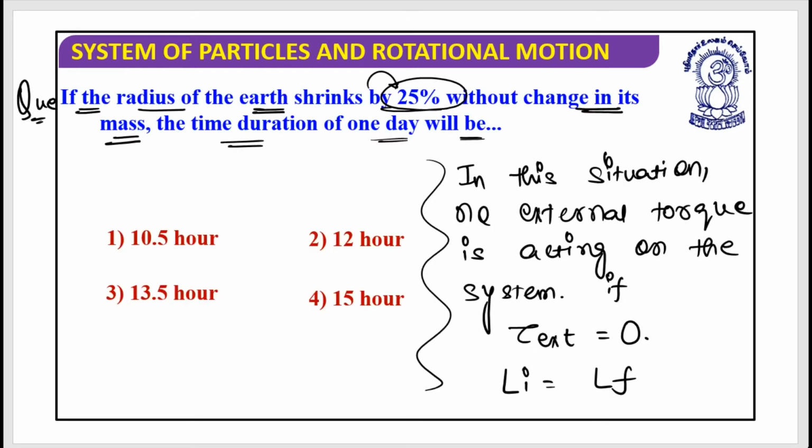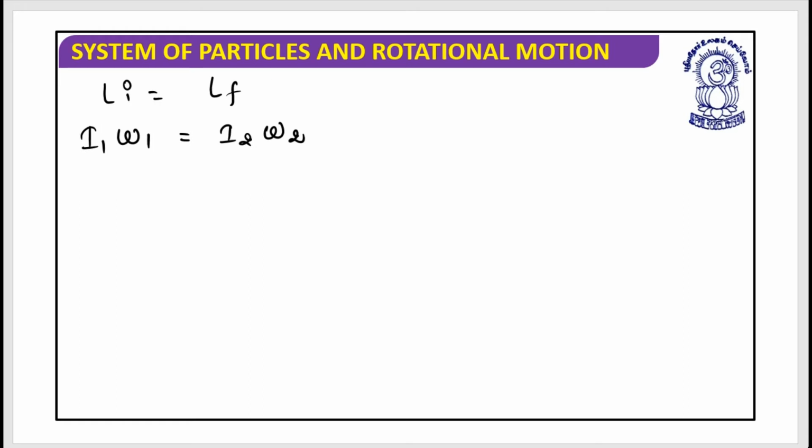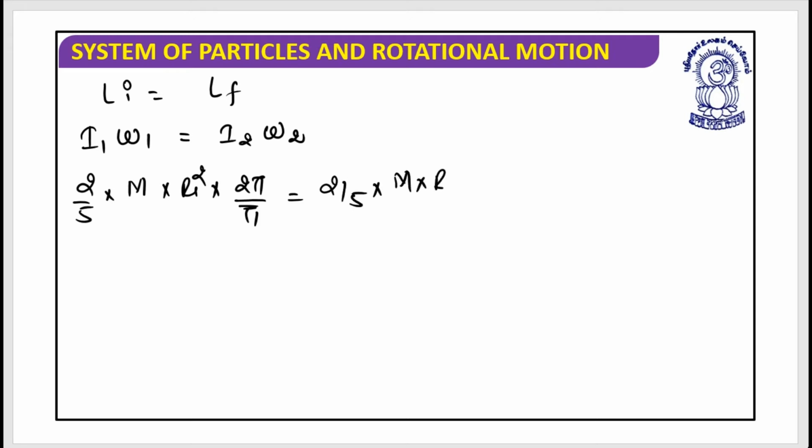They are talking about the earth, so I need to consider it as a sphere, that could be written as 2 by 5 m r1 square multiplied by omega 1, that is 2 pi by t1, which should be equal to 2 by 5 m r2 square multiplied by 2 pi by t2.